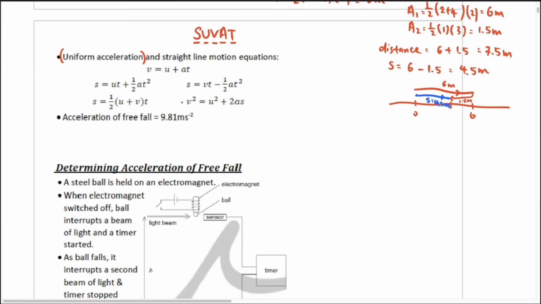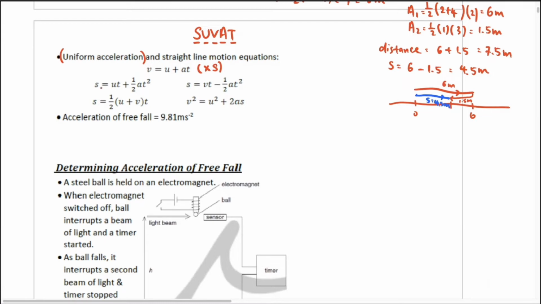So each of these formula, we use it when one of the quantities is missing. For example, V equal to U plus AT. We use this when the question is not asking displacement and the question never give you anything on displacement, then you use V equal to U plus AT.